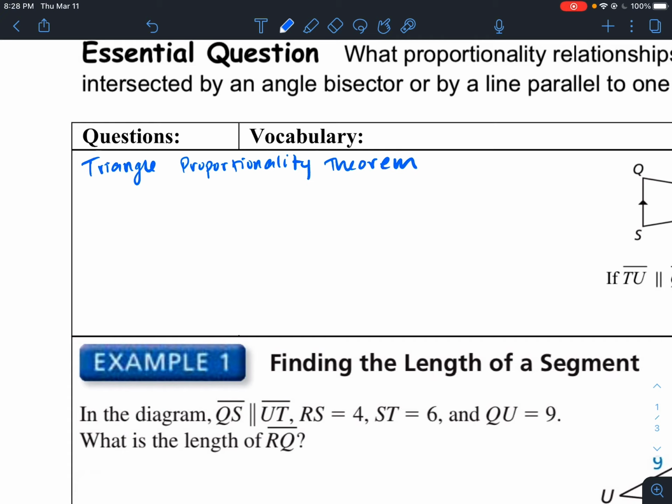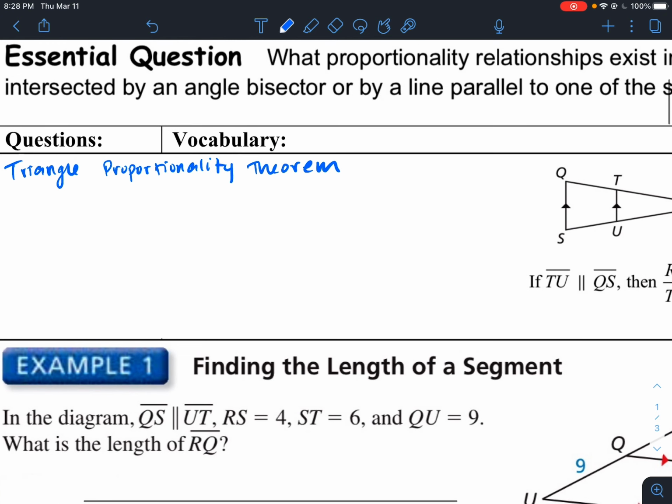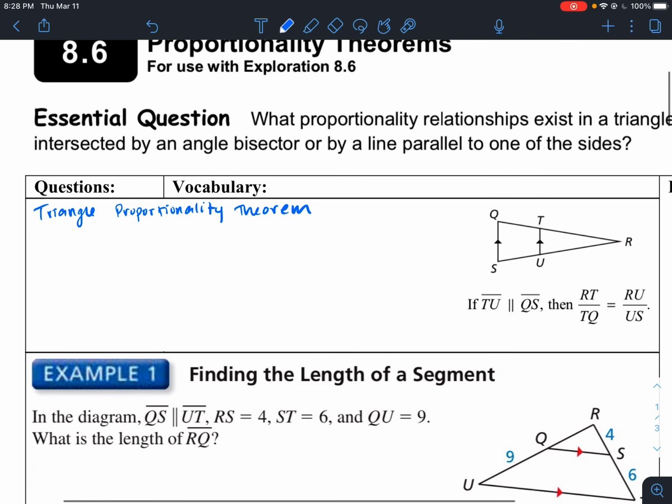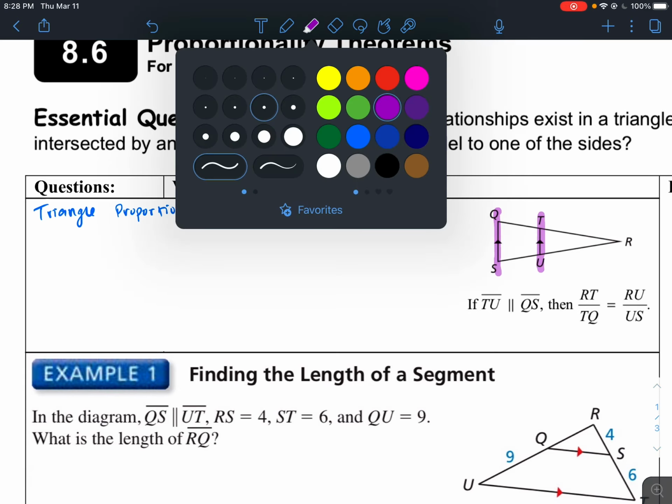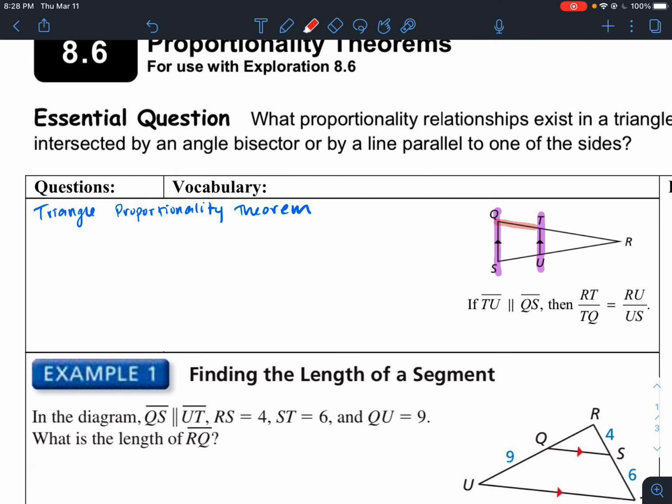If we look at this triangle right here, notice that these lines are parallel. So QS and TU are parallel lines that cut through the triangle QRS.